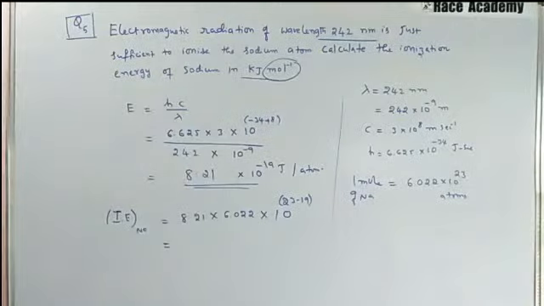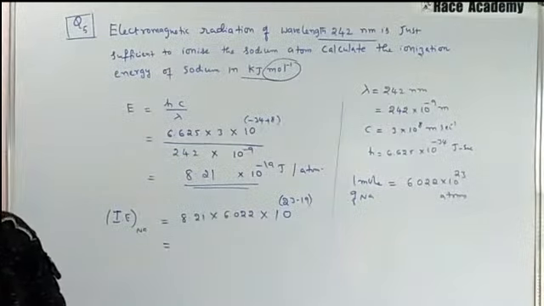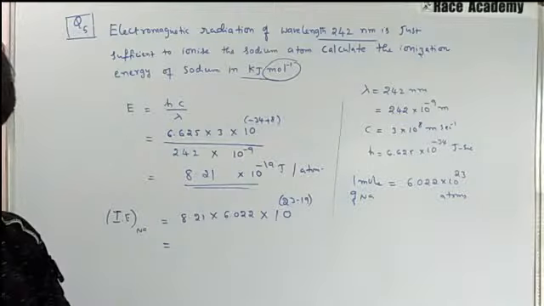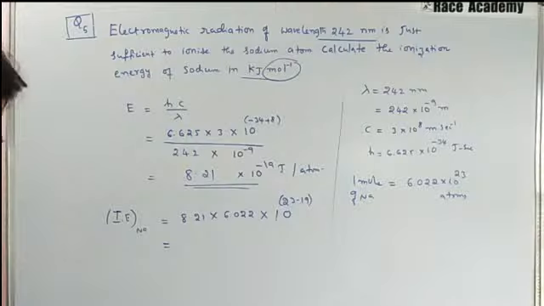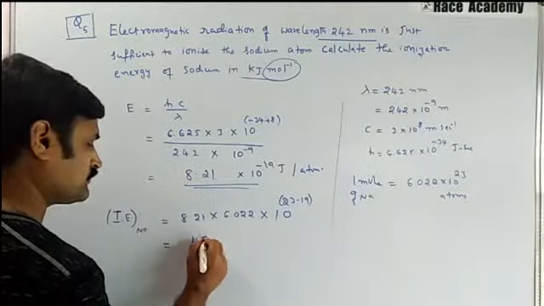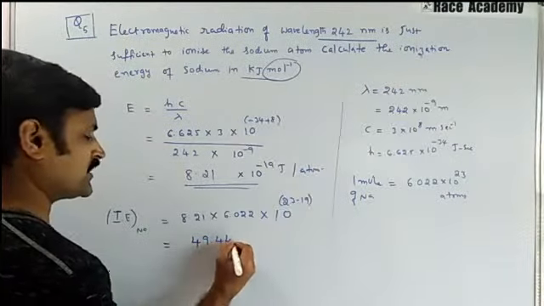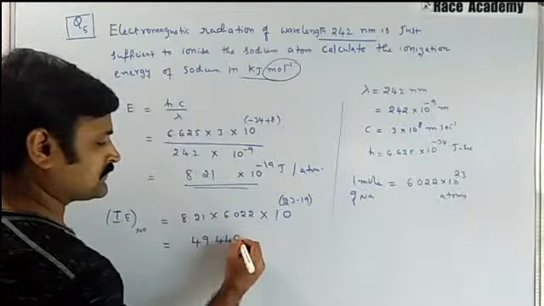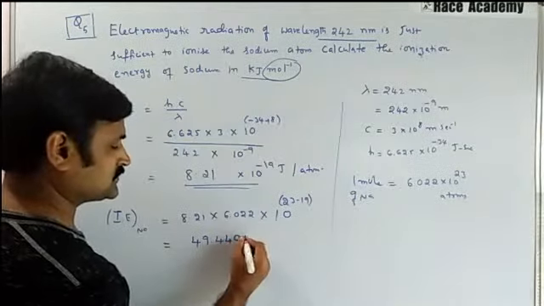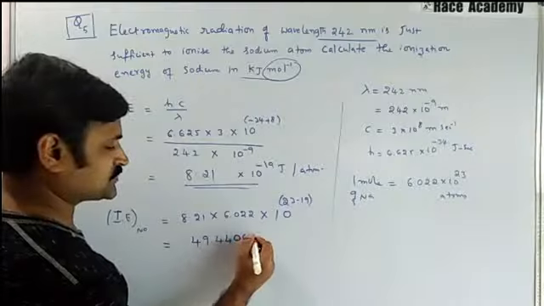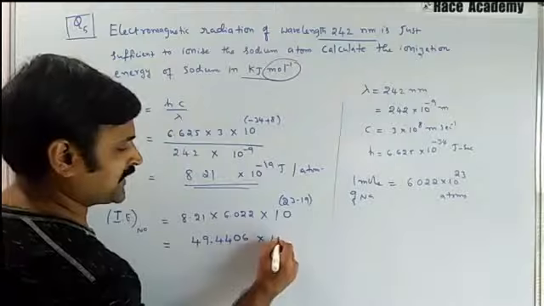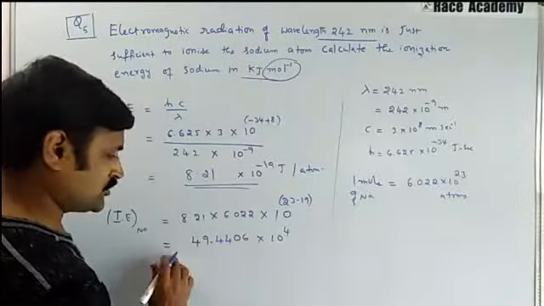So I will check the calculation answer. That is 8.21 into 6.022. We got 49.44062.